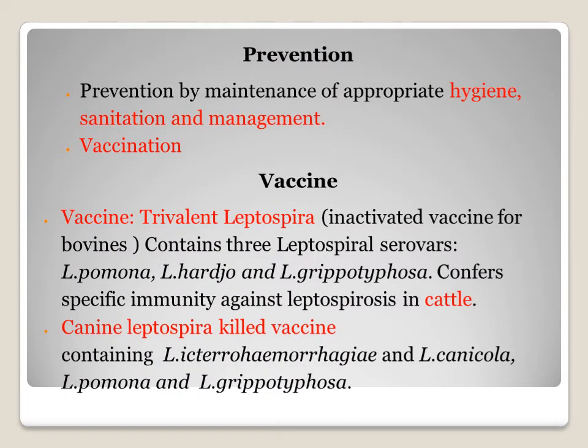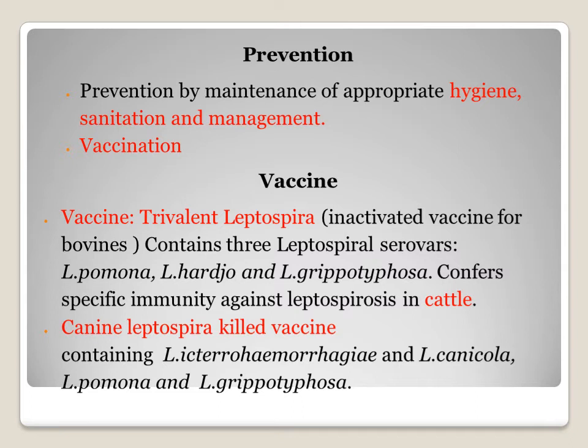For prevention of leptospirosis, general steps are used: maintenance of appropriate hygiene, sanitation and management, and a vaccination program. A vaccination program is very effective for prevention of the disease. The various types of vaccines available are the trivalent leptospira vaccine, an inactivated vaccine for bovine containing 3 leptospira serovars.